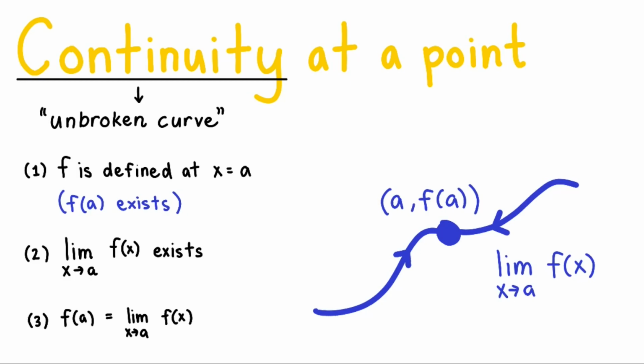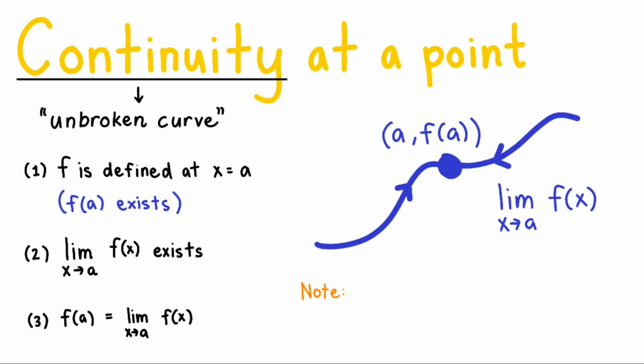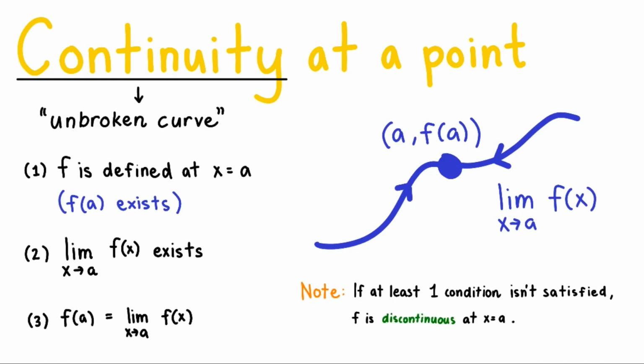Now let's move this one and take note that if at least one condition here isn't satisfied, then we say that f is discontinuous at x equals a, or at that given point.